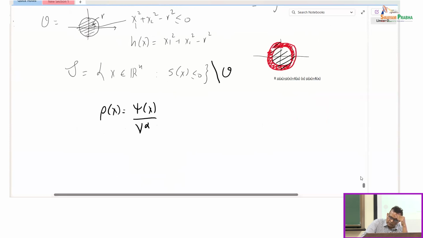So this is my construction. I'll tell you what psi of x is, and what v of x is. Okay. So what is psi of x?